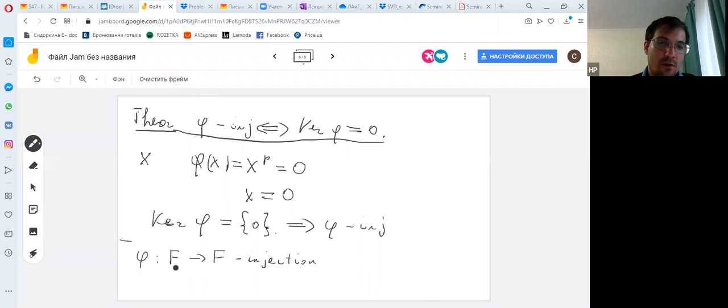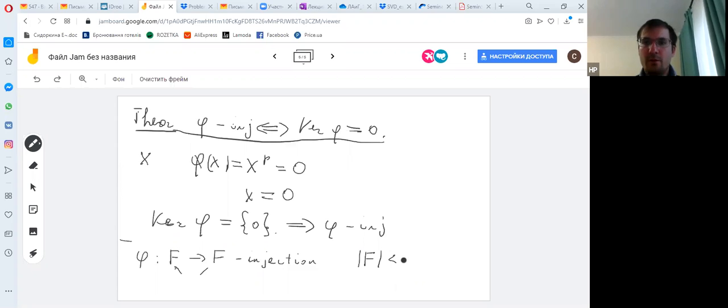If we have two sets with the same number of elements, and you have an injection from one set to another, then this is a bijection, since the orders of these sets are equal. So if the number of elements in F is finite, then every injection from F to F is a bijection.